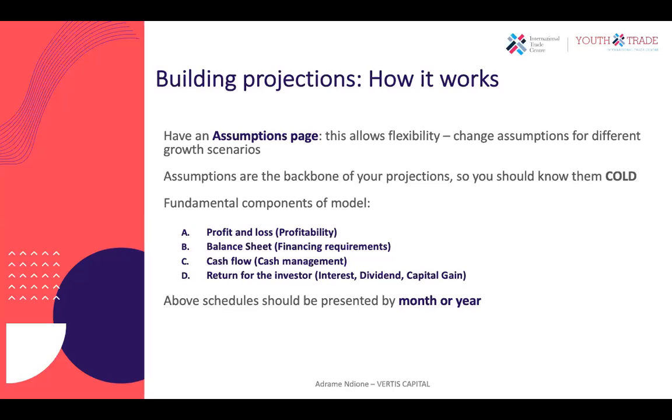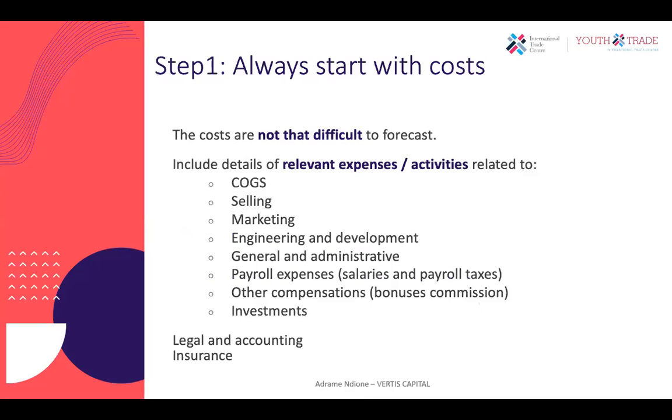If you don't have it, it shows that maybe you don't know your business and your industry very well, so you might lose interest from these investors. So it's really important to show the first year at least how every month you will be doing. But for the other years, the second year, the third year, you can have it quarterly if you want, but you can also have it in terms of years.